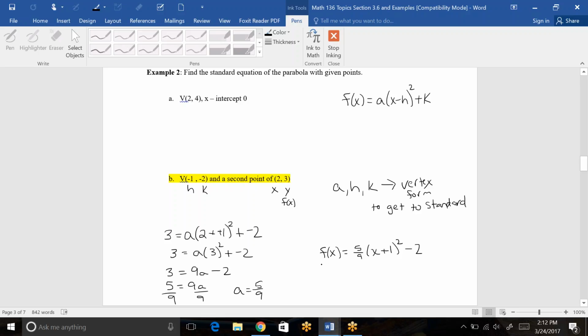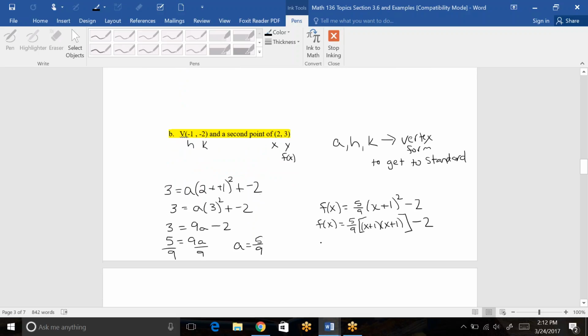Okay, so to work this out, we would need to FOIL out x plus 1 squared. And then after we do that, we'll have to distribute the 5/9 to all of that. So this ends up being 5/9 times, if I FOIL this out, x squared plus 1x plus 1x, that'd be plus 2x, plus 1 times 1 is 1, and then the minus 2 at the end.